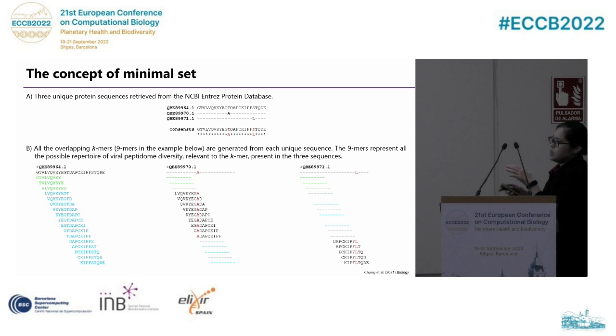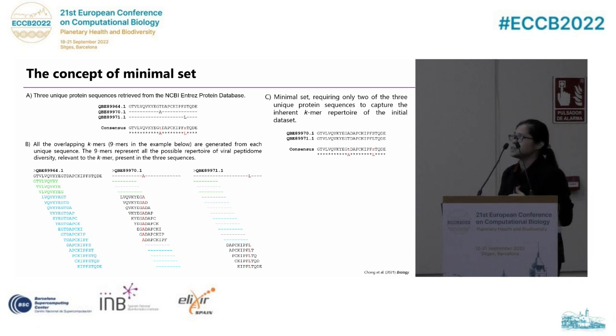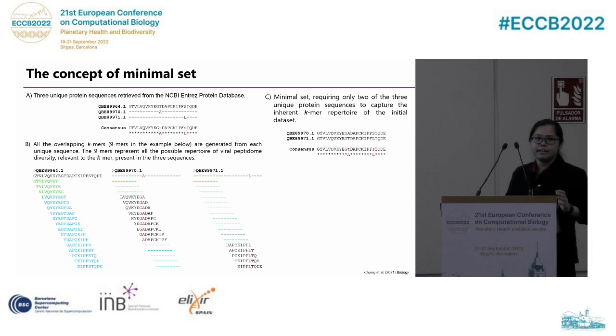From here, you can see that although the 3 sequences are each unique, they share some identical 9-mers, in the light green and the light blue colors. So we can say that the first sequence actually is redundant, and the second sequence and the third sequence represent the minimal set of the initial data set of 3 sequences. In this example, we compress the data set by removing one of the sequences, but in a large data set, the compression can actually be higher.